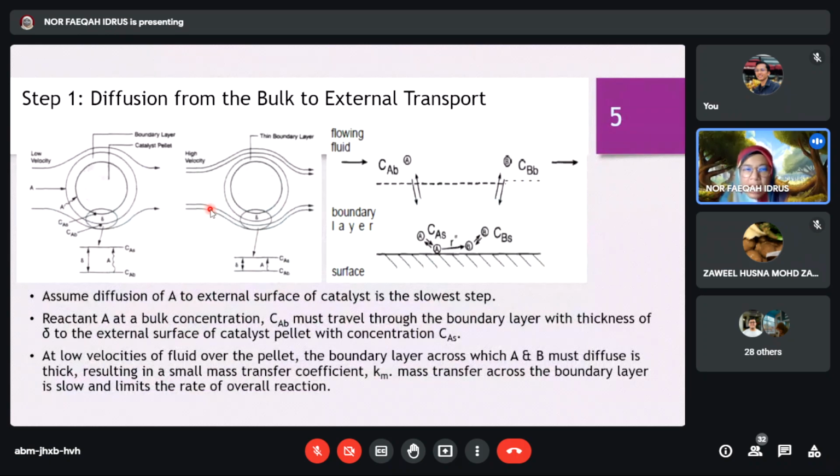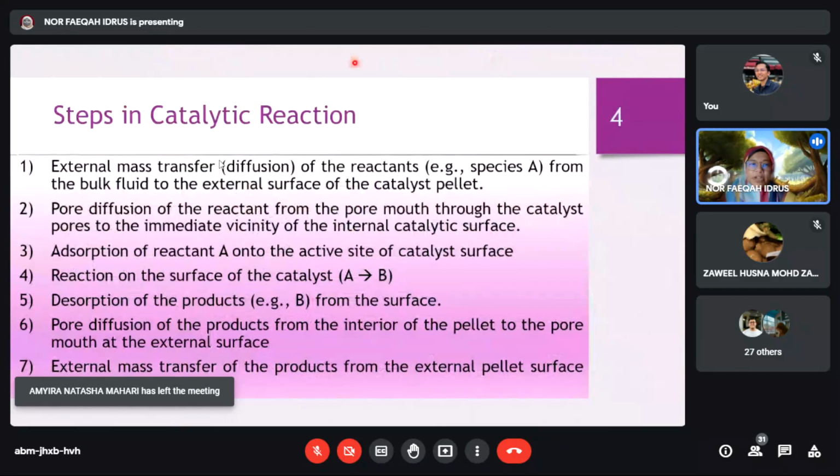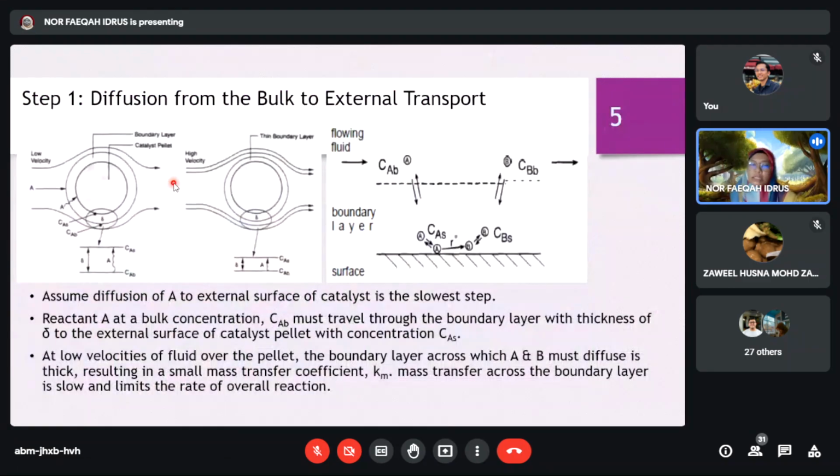First, we look at the diffusion from the bulk, the external transport. The first step, external mass transfer of the reactant from bulk fluid to the external surface of catalyst. Alright, so imagine this is your porous catalyst.